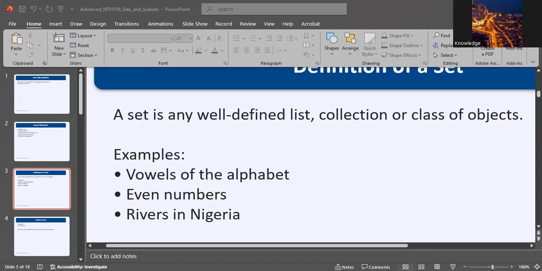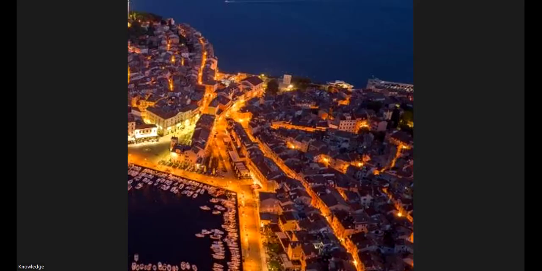Now we need to go to some things we need to show ourselves on set. How do we represent set? Set notation. And on that, I will stop sharing my screen because I will need to write now.